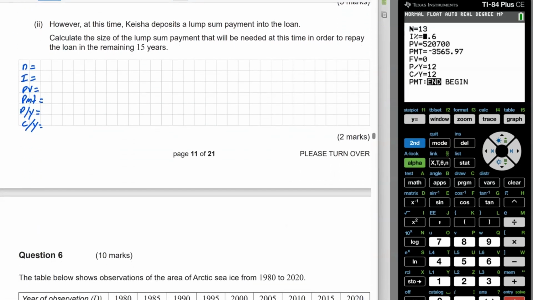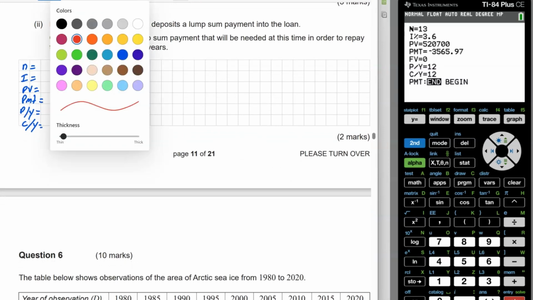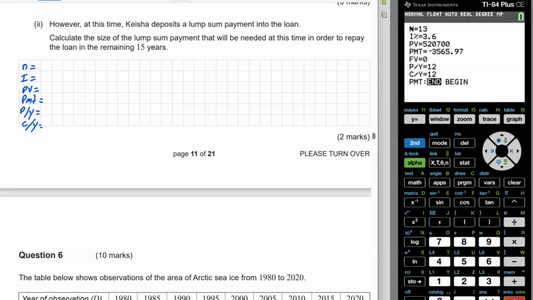Okay, last little bit of this question. Let me just change my pen. We're going to do this lump sum payment now, and so we want to know what size of the lump sum is going to be needed in order to repay the loan in the remaining 15 years. So we've got the 15 times 12 because it's monthly. We'll put the 12 down the PY and CY.